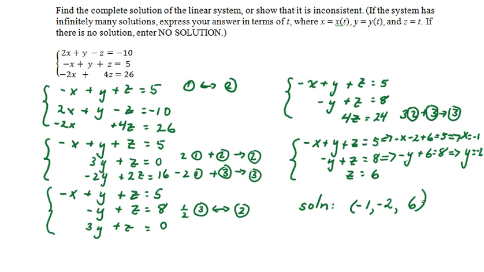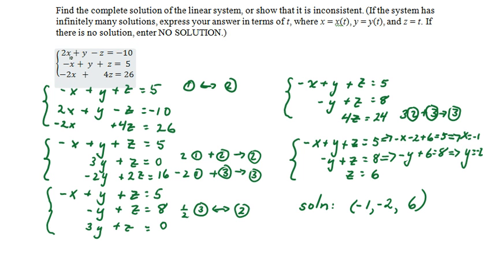Let's try that in the first equation. 2 times negative 1 would be negative 2, plus negative 2 would be negative 4, minus 6 would be negative 10.